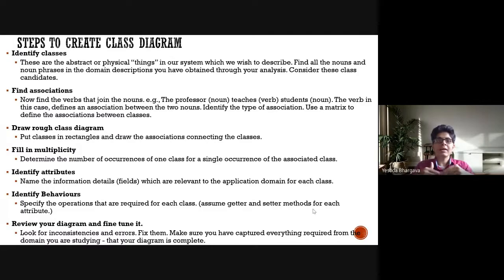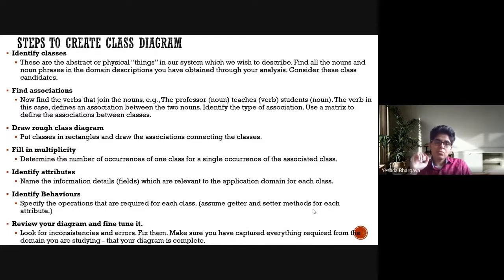So in that case, just start off with a simple association, which would be a bidirectional association, and as and when you refine and tune your diagram, then you can reason whether or not to go for aggregation or composition. After you have identified the classes and detected the kind of associations, you go on to develop a rough class diagram.